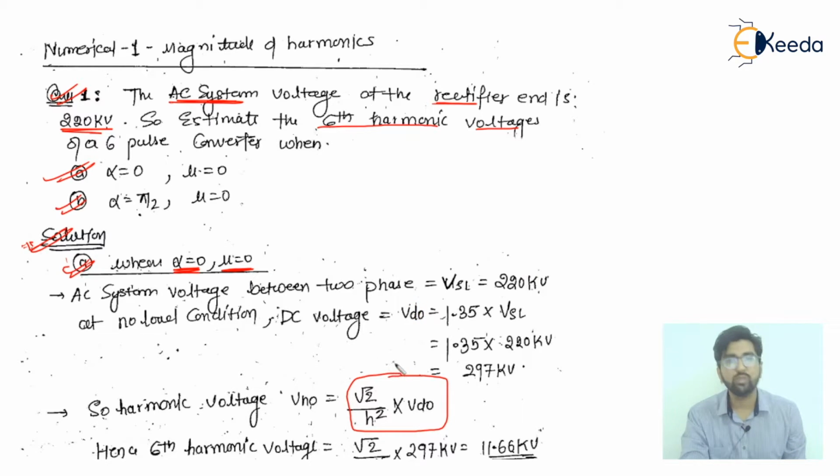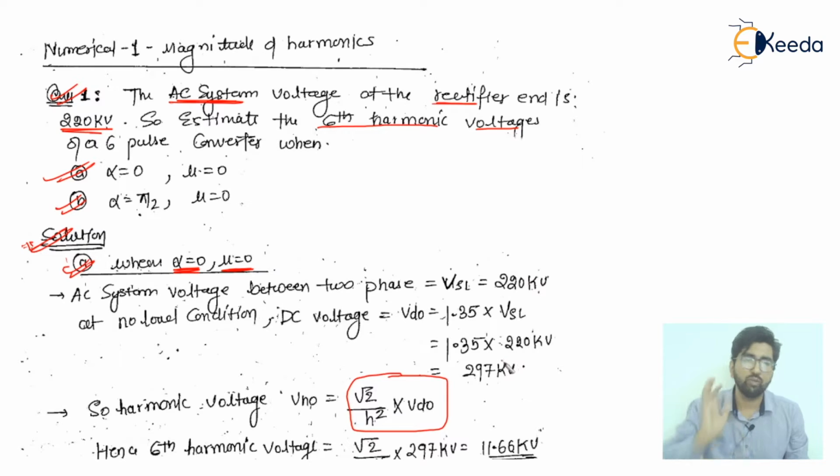Vd naught is 1.35 into VSL. Just put the value of VSL, 220 kilovolt, and you are going to get 297 kilovolt.